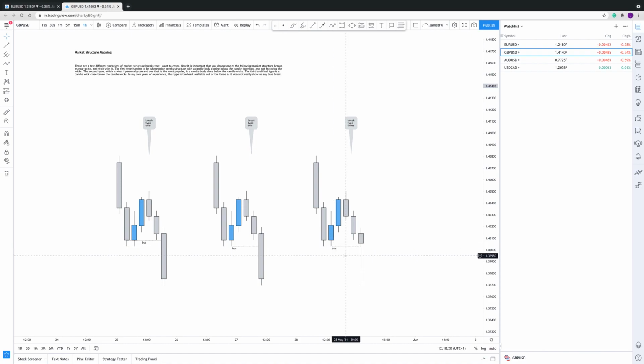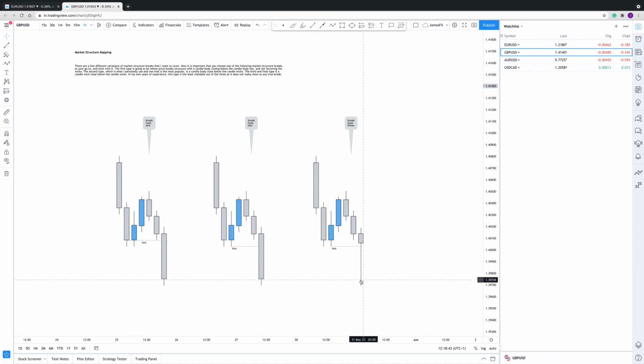So wick to wick. Now in my own years of experience, this type is the least reliable out of the three, 100%, as it does not really show us any true break. So you need to think of it as, price comes down and it's tried to break and close down here.